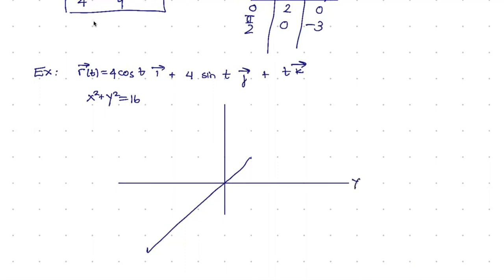However, the main difference is going to come with the fact that we also have to take into account the t. So while on the xy plane we do indeed have a circle, we have to remember that that circle is brought about through an increasing value of t.